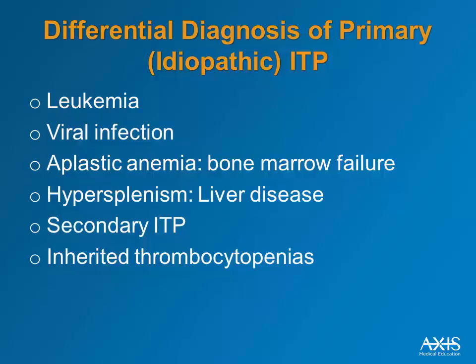The most difficult to distinguish is usually inherited thrombocytopenias, because these may have isolated thrombocytopenias as well, at least superficially, when first examined.